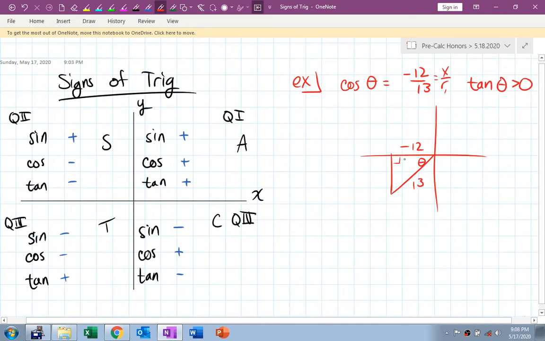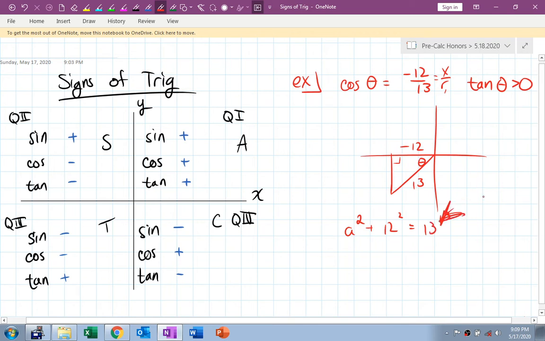So now we do a Pythagorean theorem, but if you know this is a special right triangle, this is a 5, 12, 13. But if you don't know that, a squared plus 12 squared, because it's going to get squared either way, equals 13 squared.